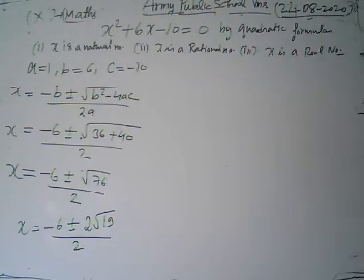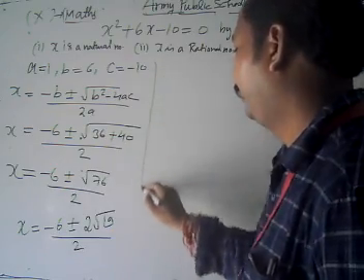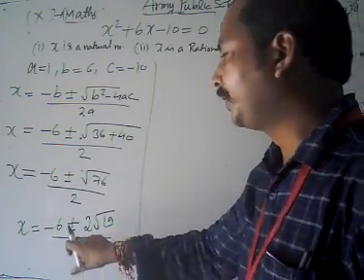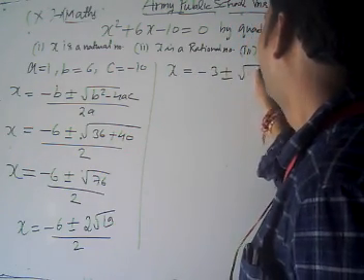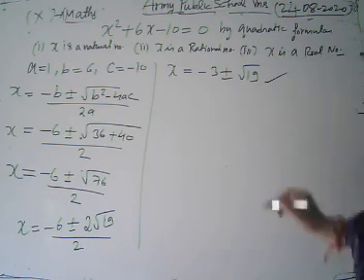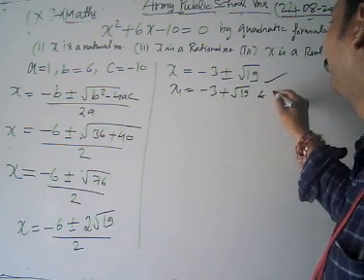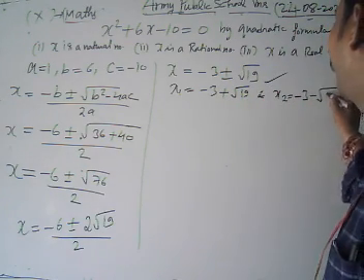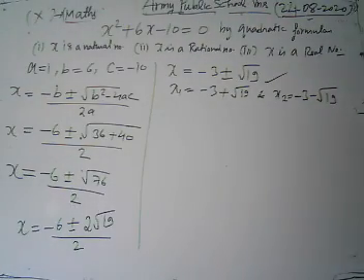Dividing both terms by 2, we get x is equal to minus 3 plus minus under root 19. This is our required solution. It means our first root is minus 3 plus under root 19, and the second root is minus 3 minus under root 19. This is our solution of the quadratic equation.